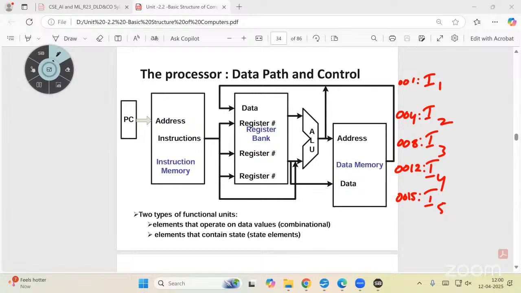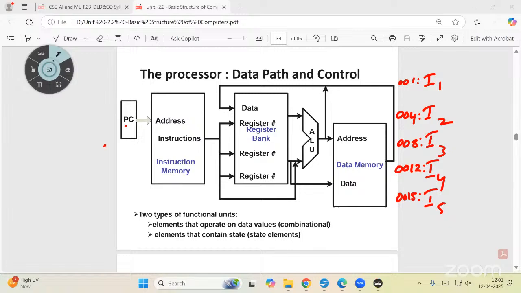How does the computer know that I2 is the second instruction? Here.